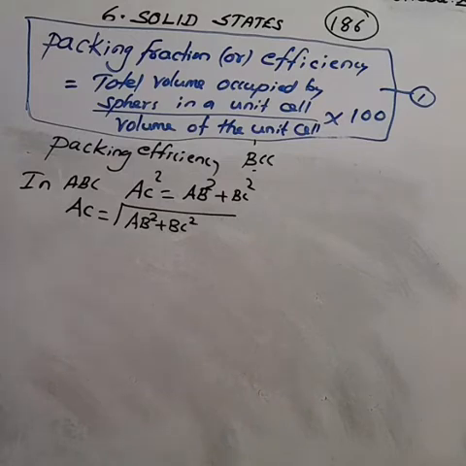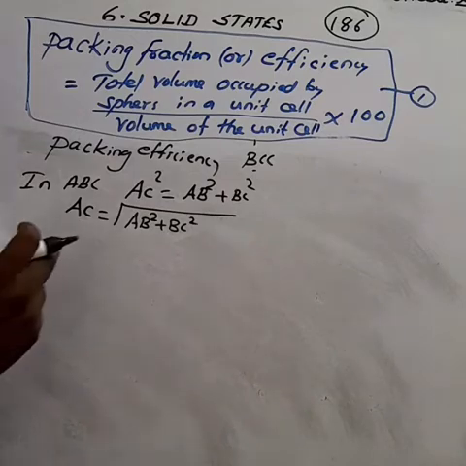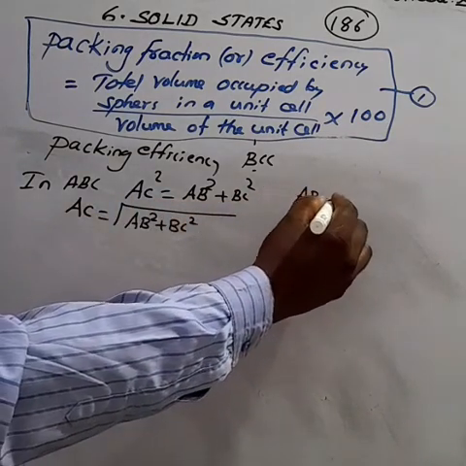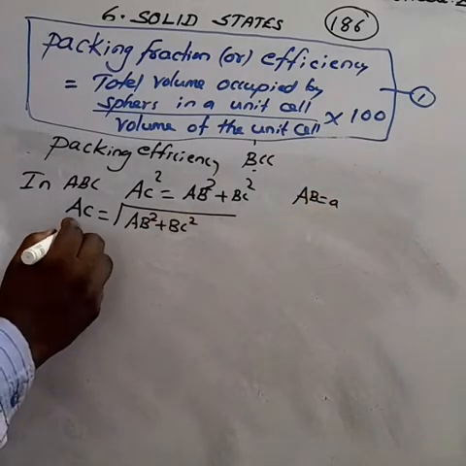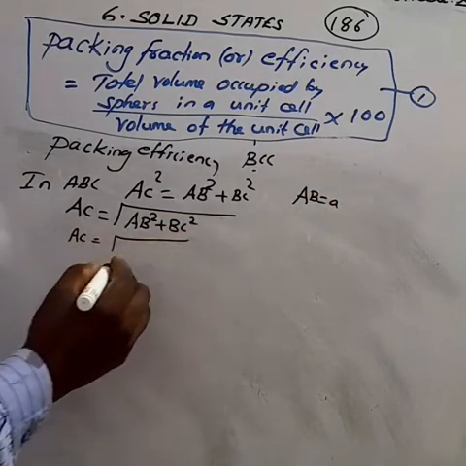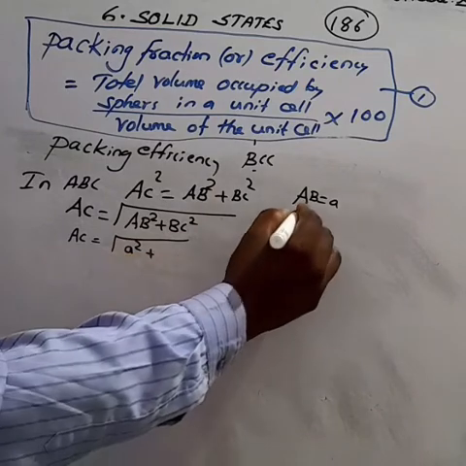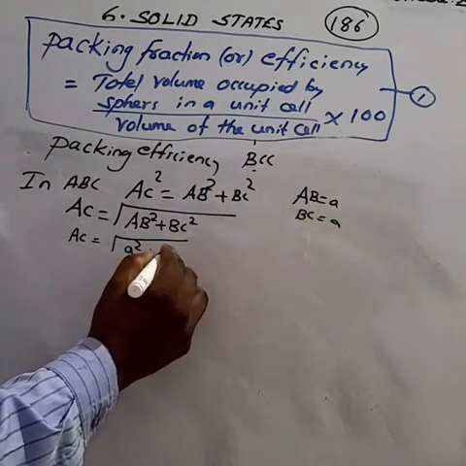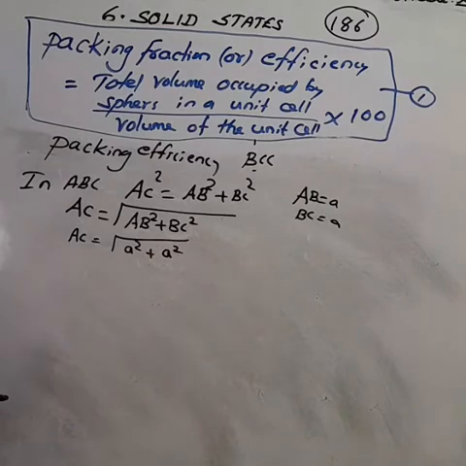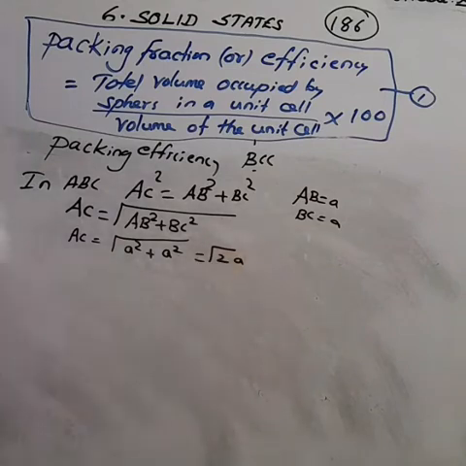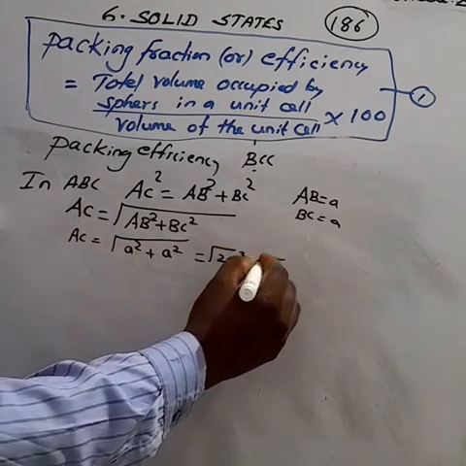Here, what is the length of AC? AB means a, BC also a, so AC is equal to root of a square plus a square, which is root of 2a square, that is equal to root 2 into a.